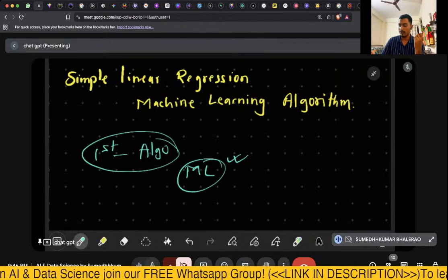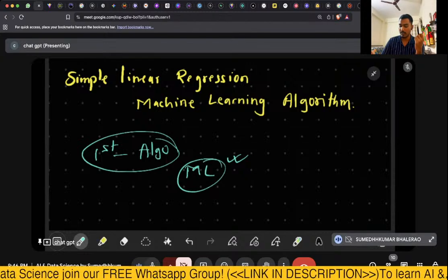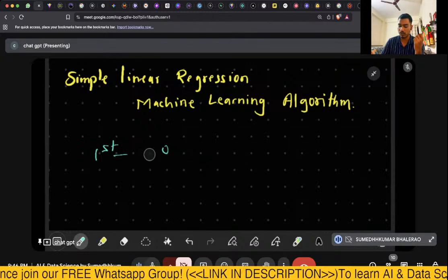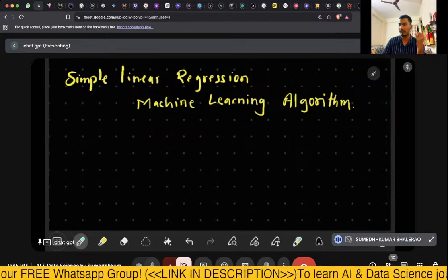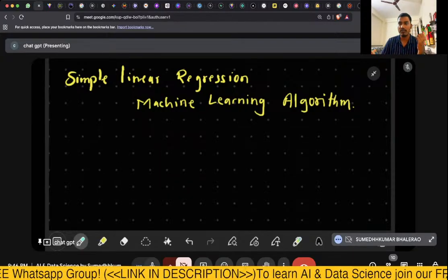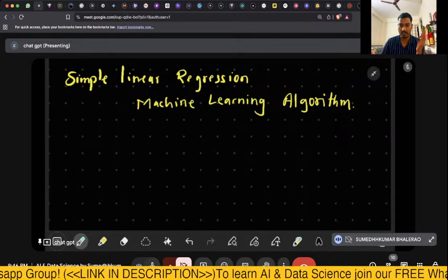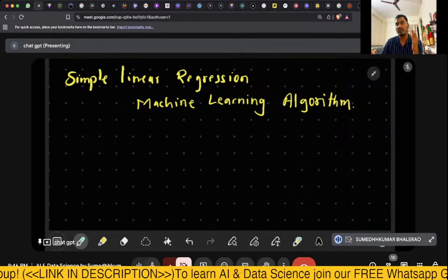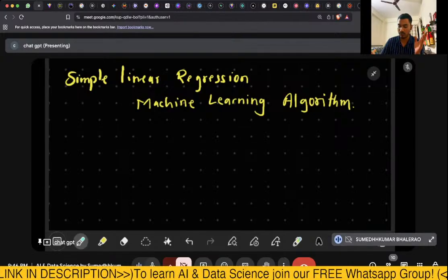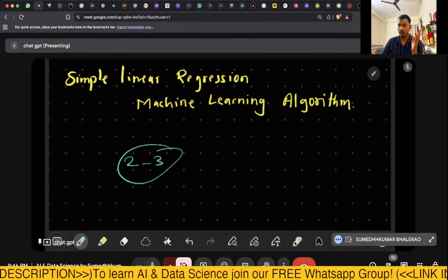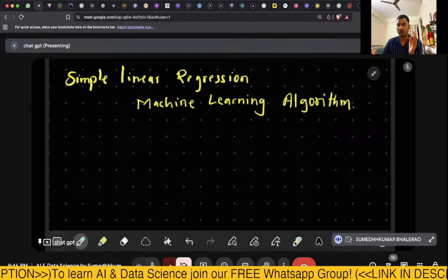When we talk about data scientists, everyone knows this. Every HR, every technical manager will know about this algorithm, so they will definitely ask 2 to 3 questions. 2 to 3 questions will be there for sure.